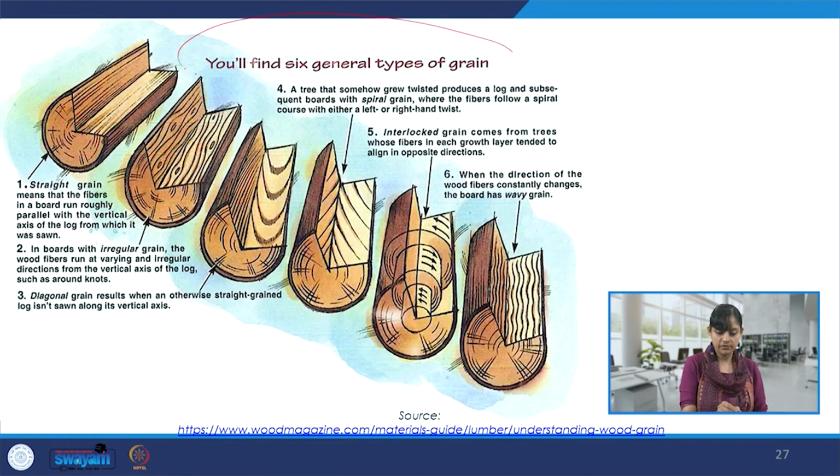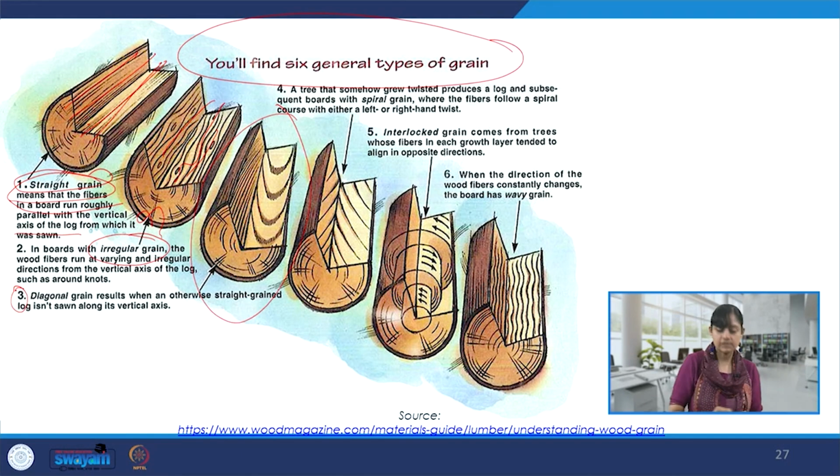So we have different kinds of grains if you look at the anatomy again. The straight and very pronounced grain in this case means that the fibers in the board run roughly parallel with the vertical axis of the log. That is one case. In this second one, you see irregular grain, not pronounced, not straight.